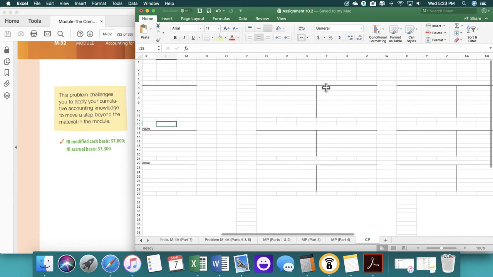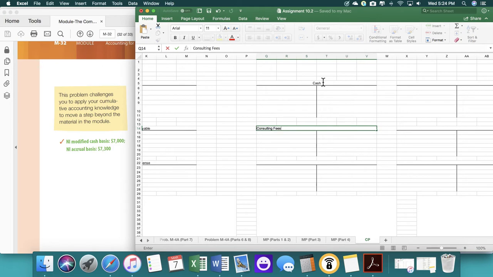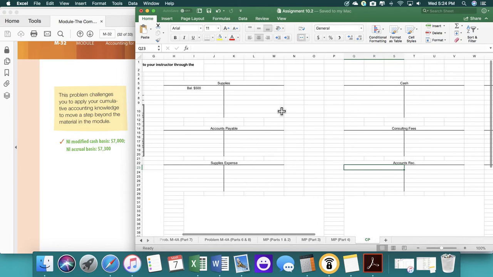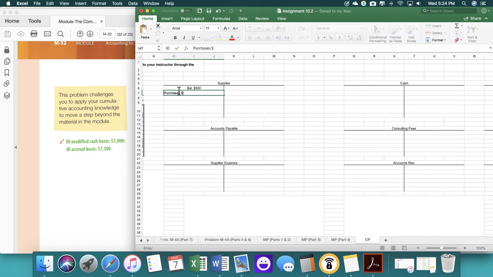There is a lot of work on this. If you get stuck, let me know. This one we're going to have cash, consulting fees, and accounts receivable. And again, you're going to do the same thing. Here we'd have supplies, and we're going to state purchases. We purchased $1,000.